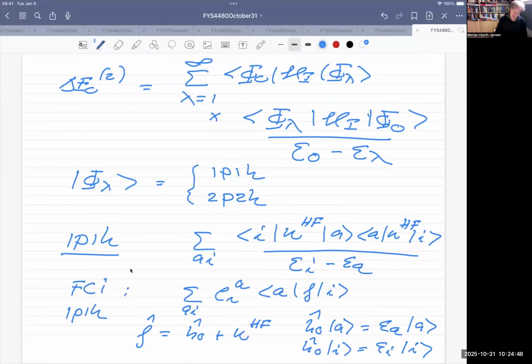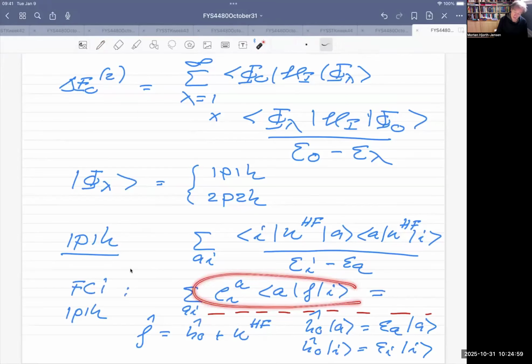So if we mark out these terms, this term here becomes close to what we have here. It will include this part. And then what we did yesterday was to identify this coefficient in many-body perturbation theory with this term which we have here.